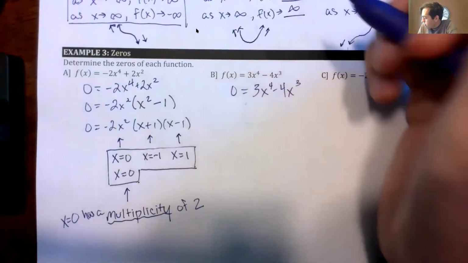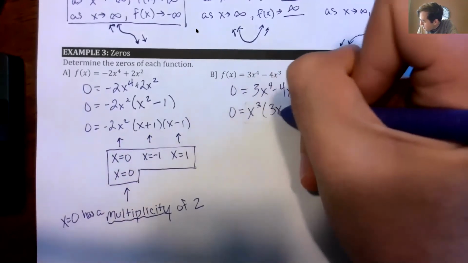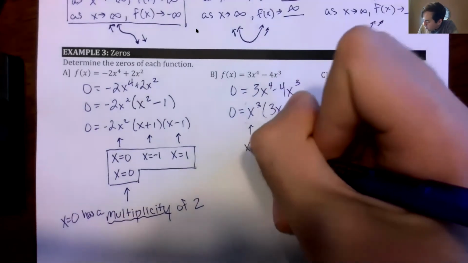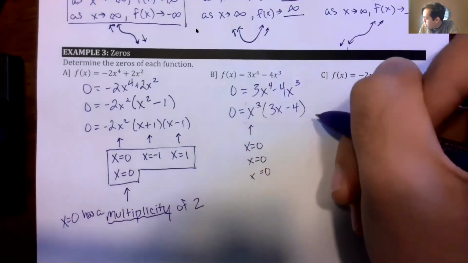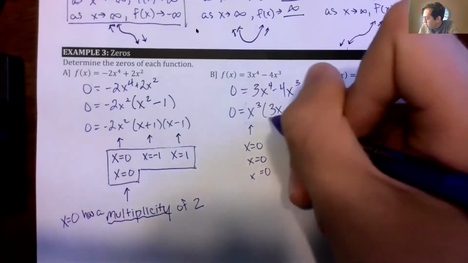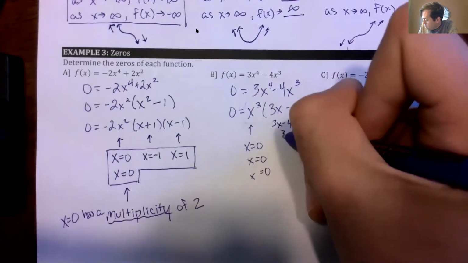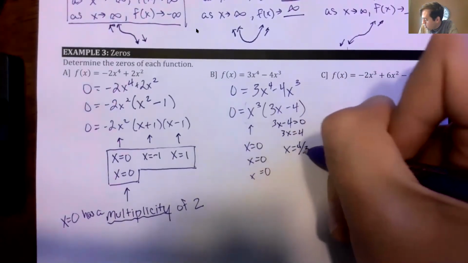In this one, I'm going to factor out x cubed, and I'm left with 3x minus 4. So I have x cubed, which means I'm going to write x equals 0 3 times. And then I have 3x minus 4, so I'm going to write 3x minus 4 equals 0. 3x equals 4, so we have x equals 4 thirds.